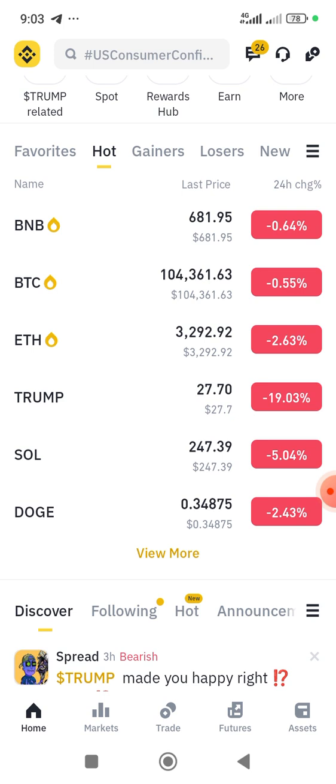You set your price, you relax. As soon as the price gets to that point, the trade will be automatically executed. And if you also want to sell, you can also set the price. Then when the price reaches your set target, it will be executed.